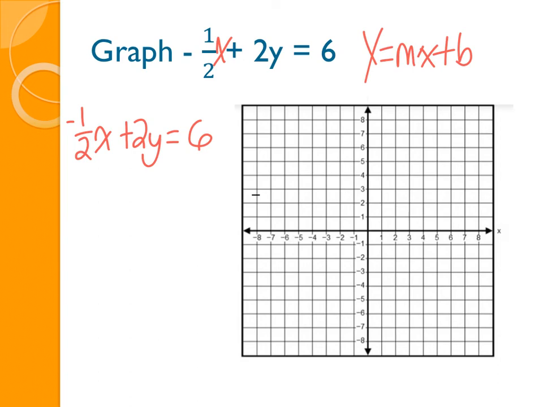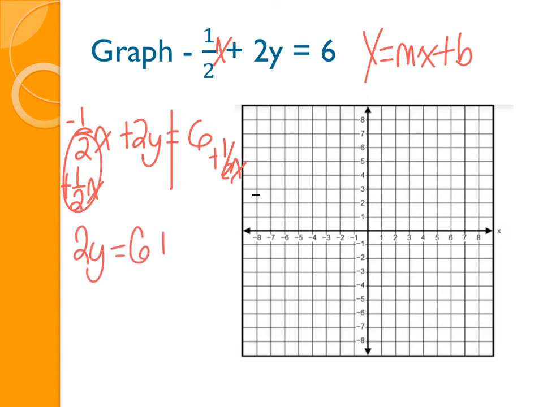I'm going to take my negative 1/2 x to move it over with my 6 on my right-hand side. So I'm going to add 1/2 x to both sides, because it's a negative. Negative 1/2 x plus 1/2 x gives me 0. So 2y equals 6 plus 1/2 x.